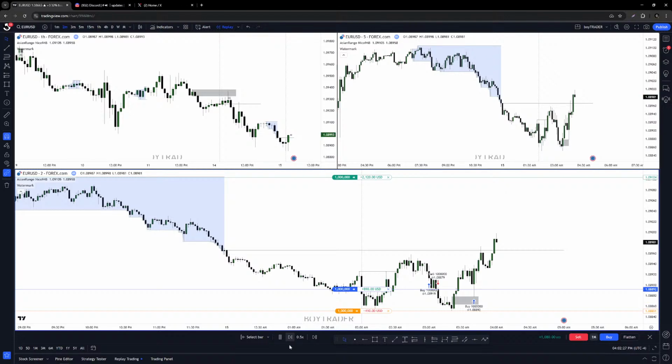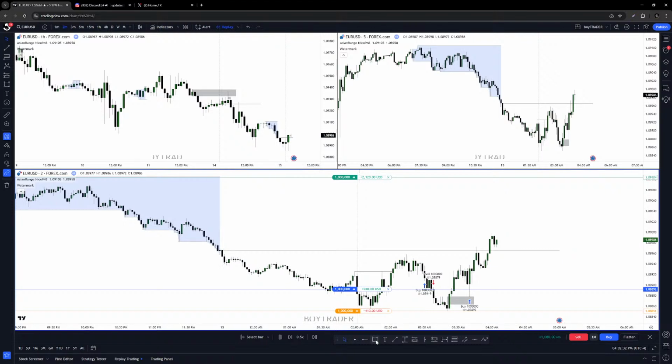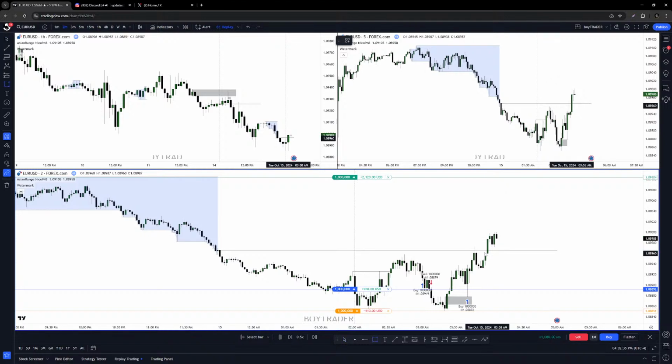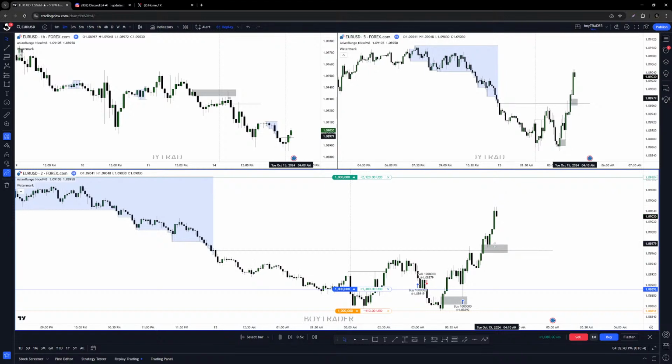Now you can be dragging out fair value gaps that you meet along the way to see if price respects them.